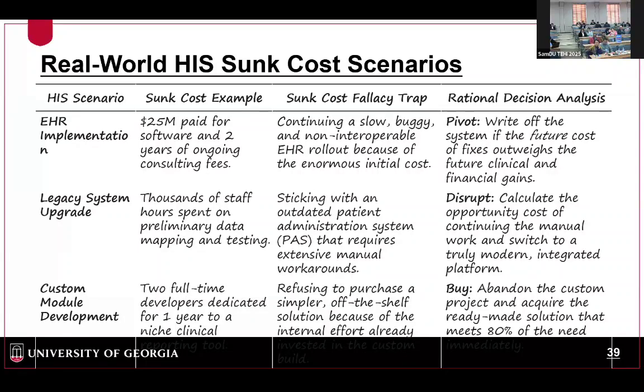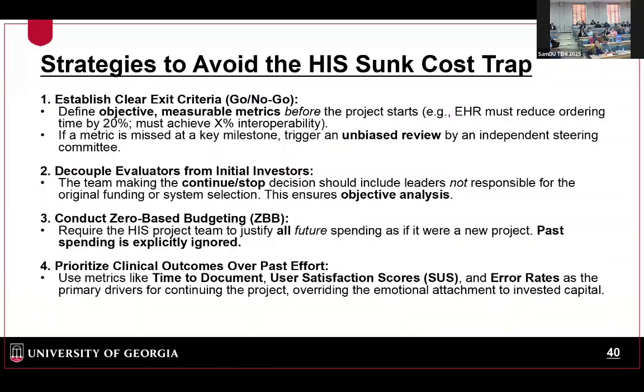We have implemented an EHR, but maybe it's better to write off the system if the future fixed costs will outweigh the future clinical and financial benefits. And we have different kinds of sunk cost examples.